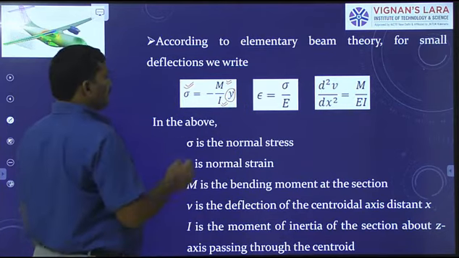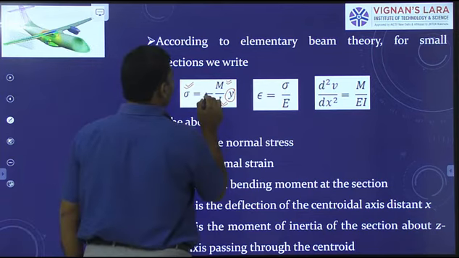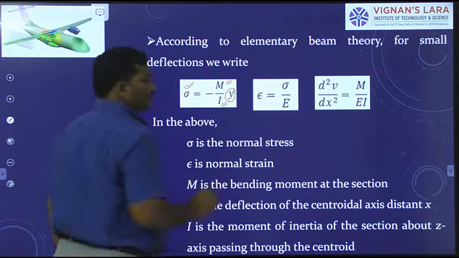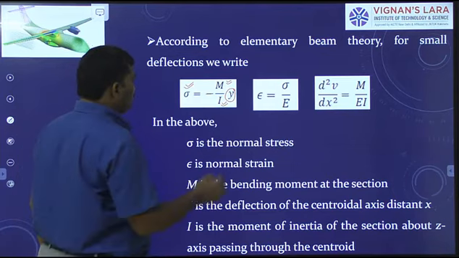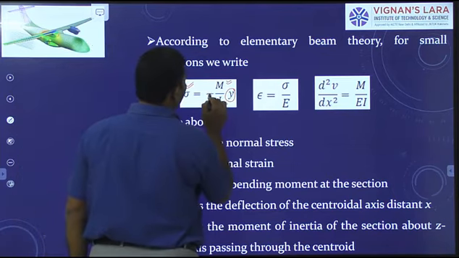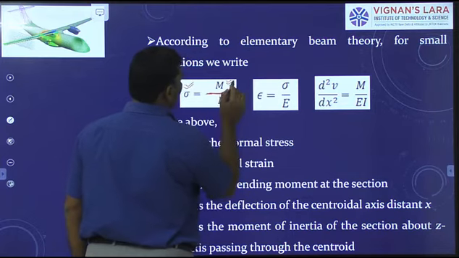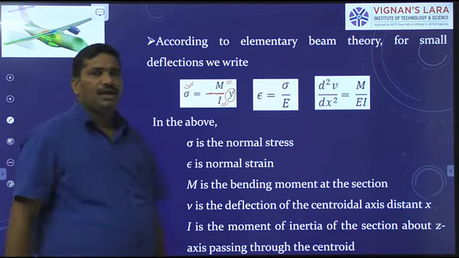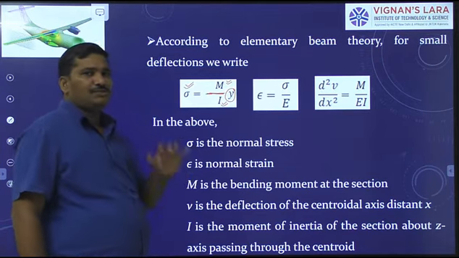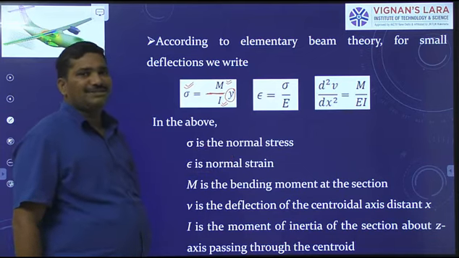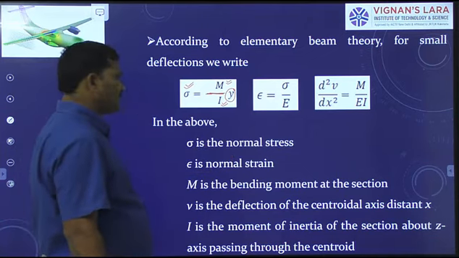So you can write sigma equals M by I into y, and the sign conventions: we use plus for the tensile stress and minus for the compressive stress.